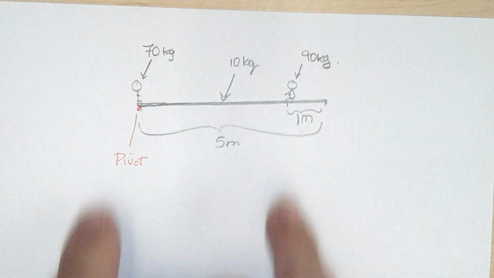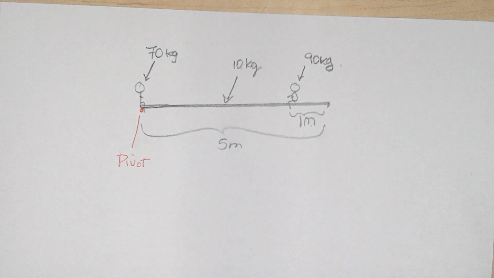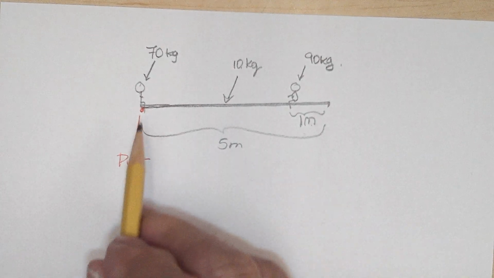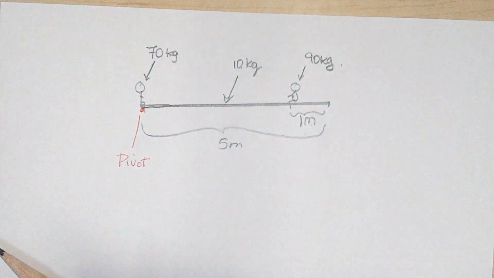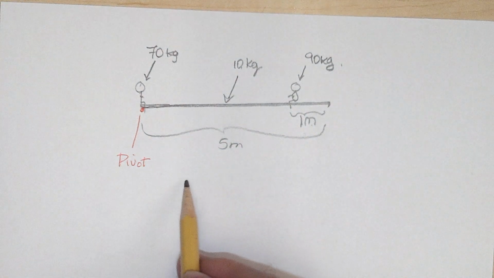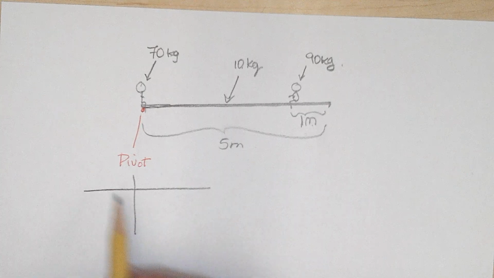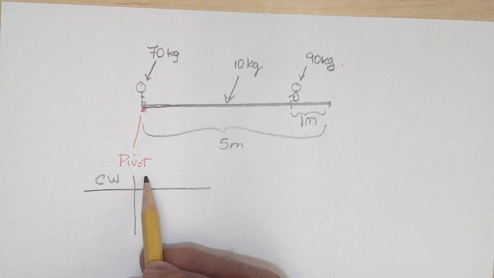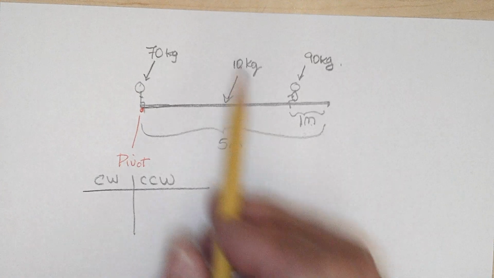So I'm thinking this whole system is pivoting around this point. Therefore, some of the masses are going to try to make this thing turn clockwise, and some are going to try to make it turn counterclockwise. I'm going to make a little table of that: clockwise and counterclockwise.